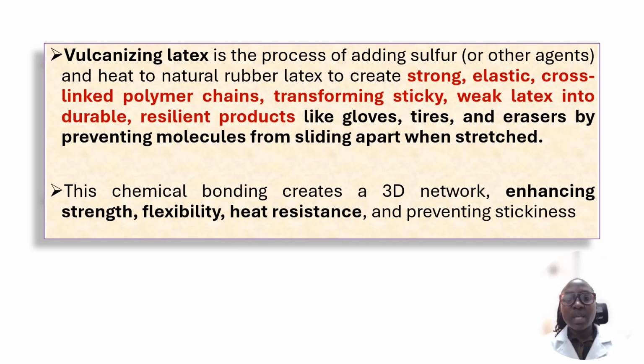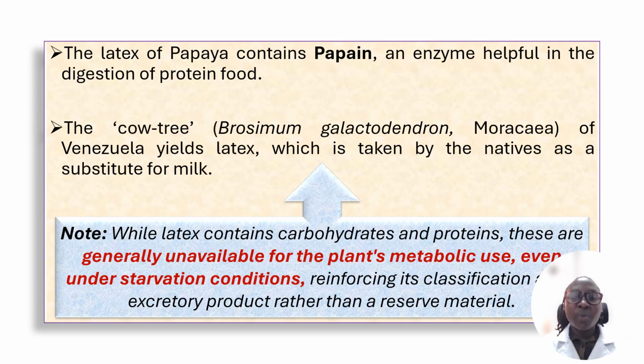So the chemical bonding in natural rubber creates a 3D network that enhances strength, flexibility, heat resistance, and prevents stiffness. That's the difference between latex and natural rubber. We have the latex of papaya, which contains papain. That's an enzyme helpful for digestion of protein food material.